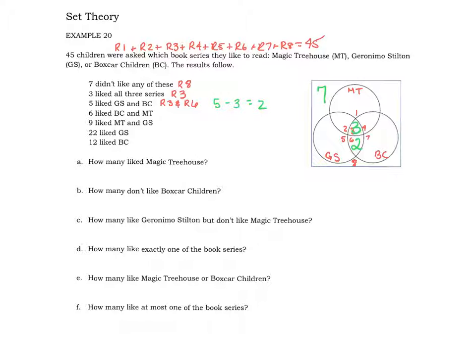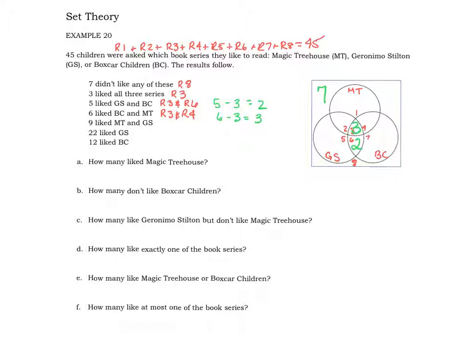Okay, 6 people said they liked Boxcar Children and Magic Tree House. So that is regions 3 and 4. Okay, and the same thing as what we previously did. We know this cardinality is 6, and we know one of these sections already. So 6 minus 3 gives me 3.